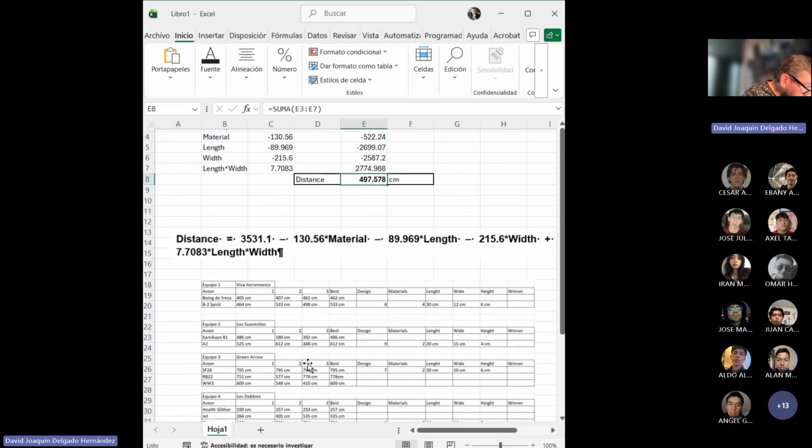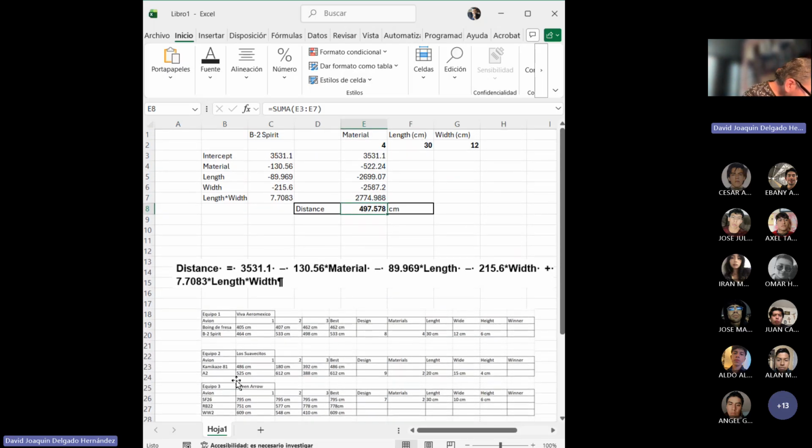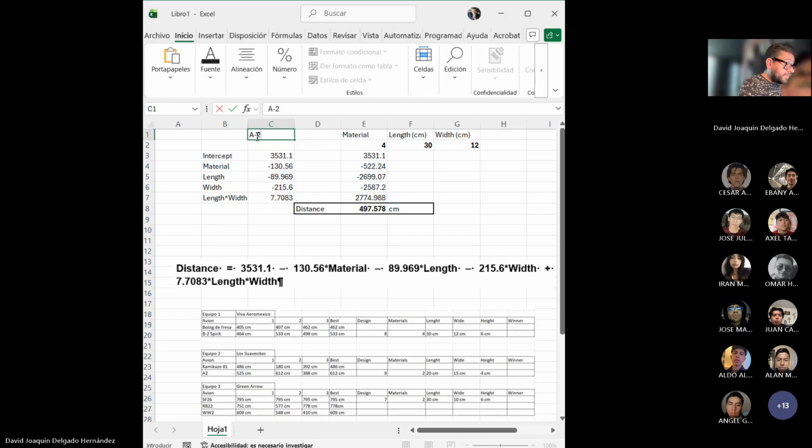Let us see with another airplane. So team number 2, the airplane was A2. Okay, and let's see what is the data for this airplane. Airplane A2 is material number 2, so I will put material number 2.